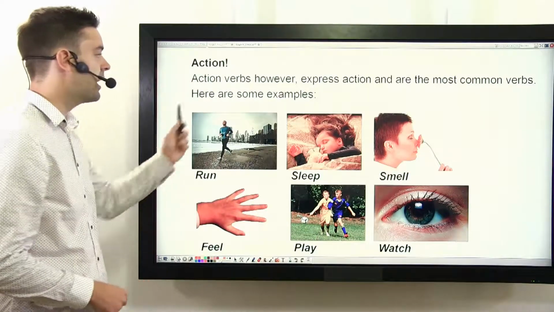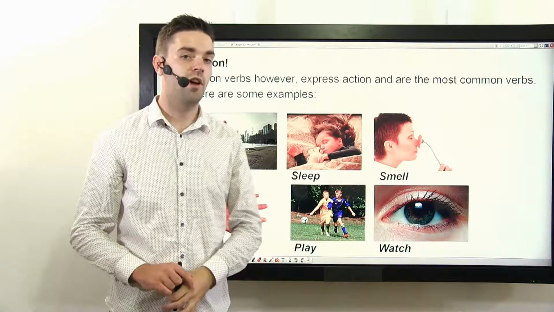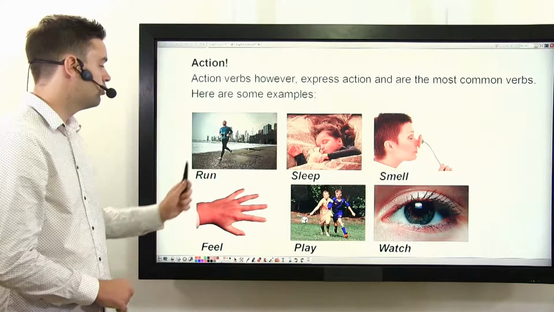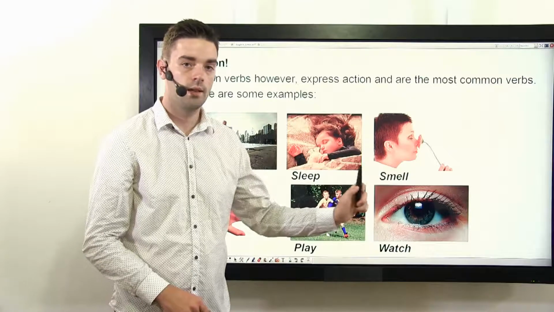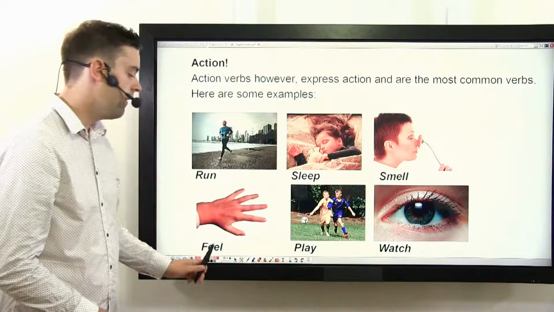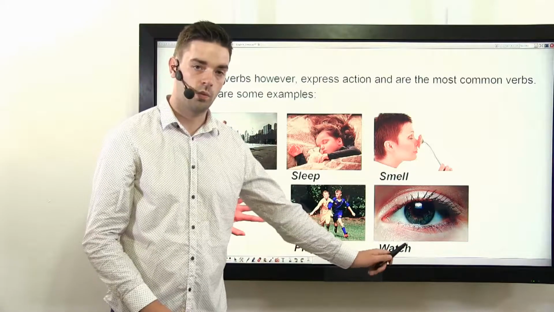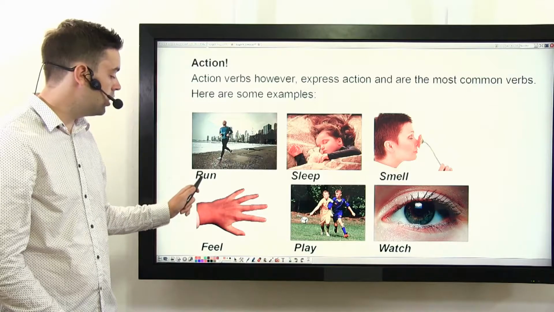Action verbs, however, express an action and are the most common verbs used. Here are some examples. Run, R-U-N.